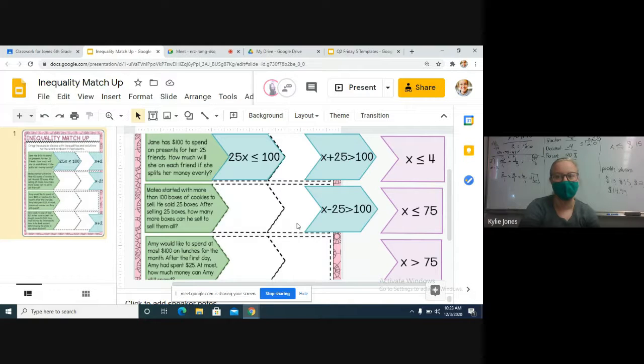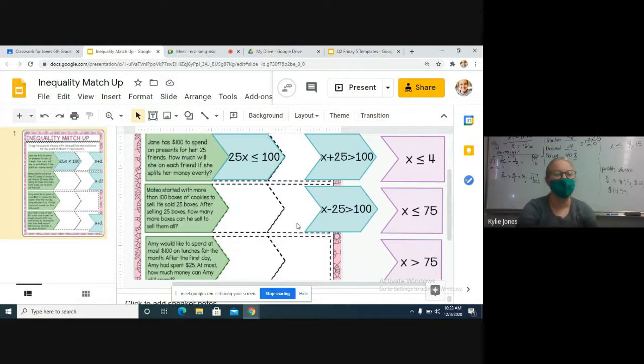He has somewhere over 100. We don't know if it's exactly 125. We just know that it's more than. So if we need an inequality symbol for more than, what will I use? Greater than, less than, greater than or equal to? Good. We need to use a greater than.